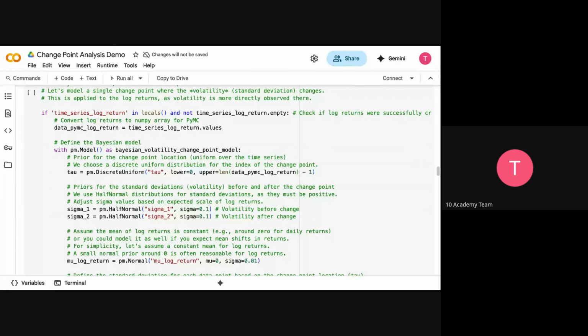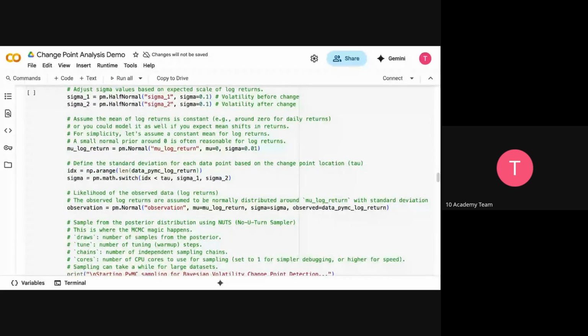Then you will have priors for the standard deviation before and after the change point, so I can see the effect of it. We can use a half normal distribution, but the values must be positive.